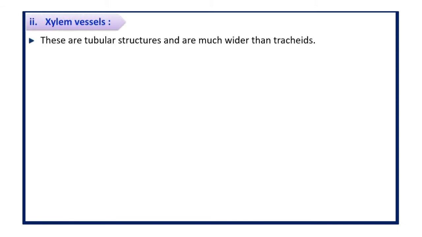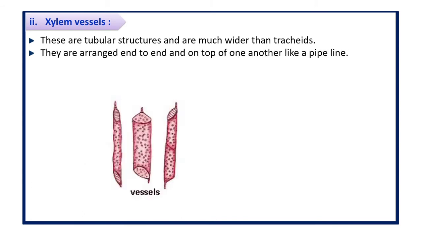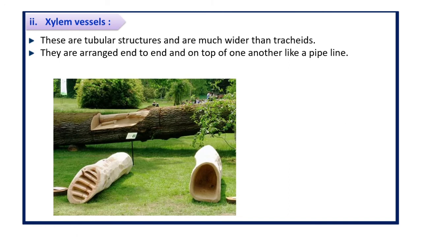Next is xylem vessels. These are tubular structures and they are much wider than the tracheids. Now in vessels, these tubes are arranged end to end on top of one another like a pipeline. So this is how the xylem vessels are arranged.